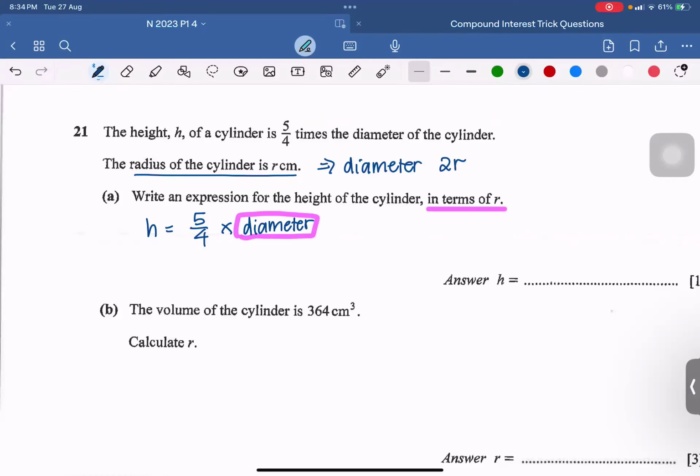So I'm going to replace this by 5 over 4 times the diameter, change to the number to r. Simplifying this algebraic fraction, that will become 5 over 2r. So express h in terms of r, h will now be equal to 5 over 2r. Is this okay?